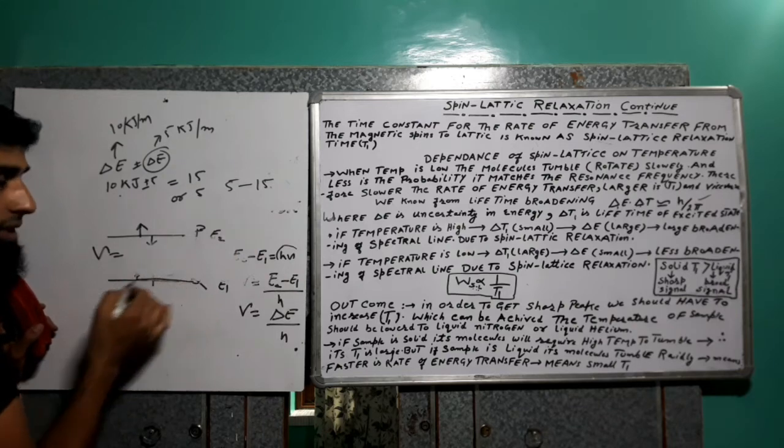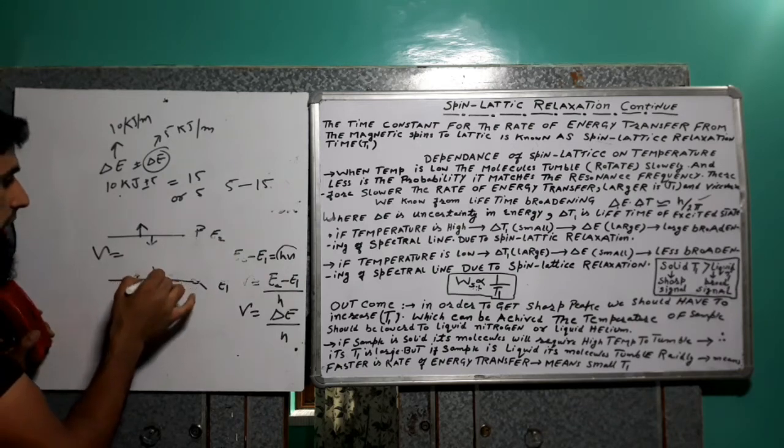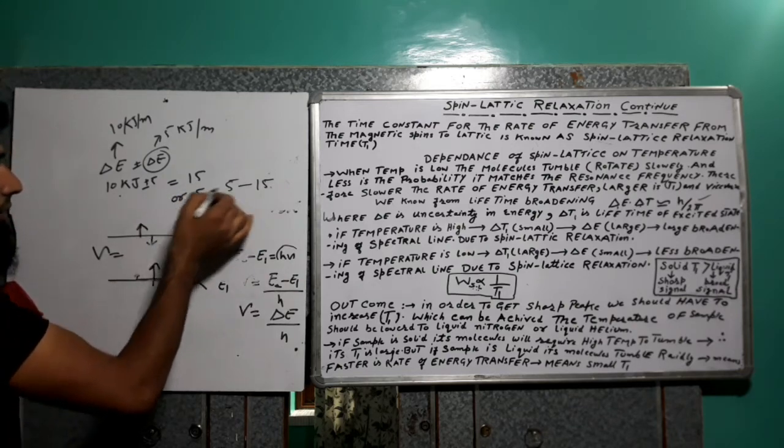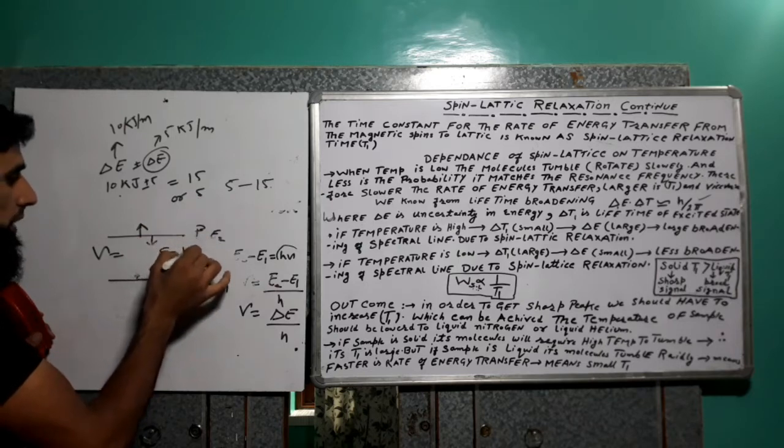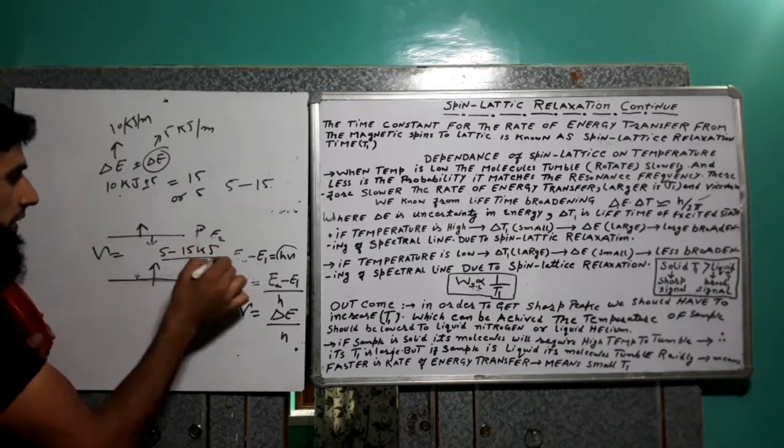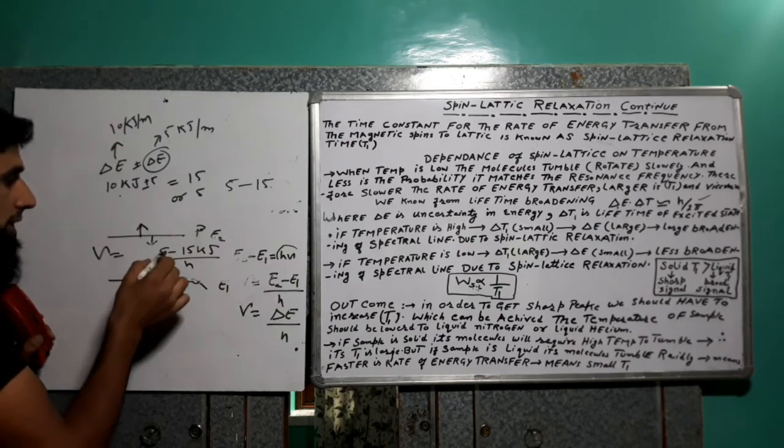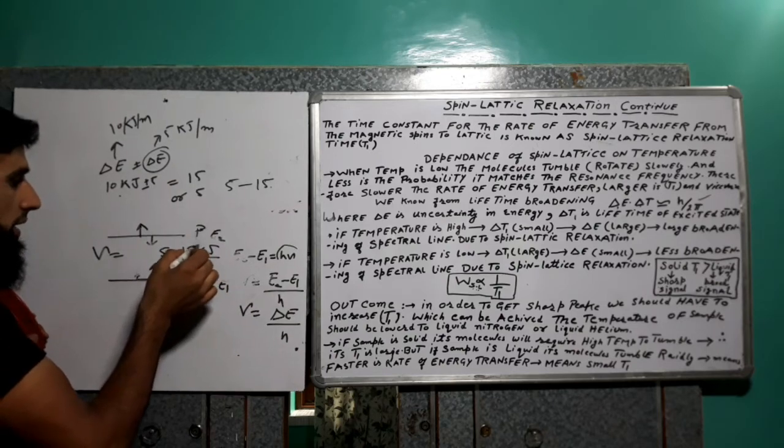Now, how much frequency can our sample absorb? It is 5 to 15 kilojoules, for example, divided by h. Okay, that means there is a range of energy.